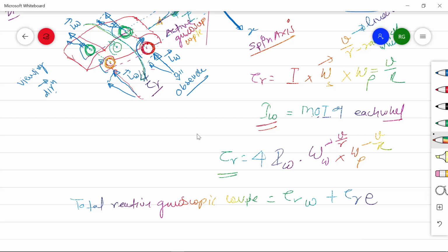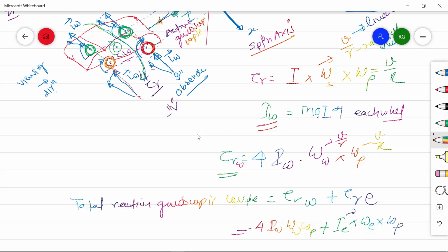If the engine is also rotating in the same sense, if this is the observer observing the engine rotating in the clockwise direction, then this would be tau r because of wheels, 4 times I w omega s omega p, plus engine mass moment of inertia multiplied by angular velocity of engine multiplied by omega p.